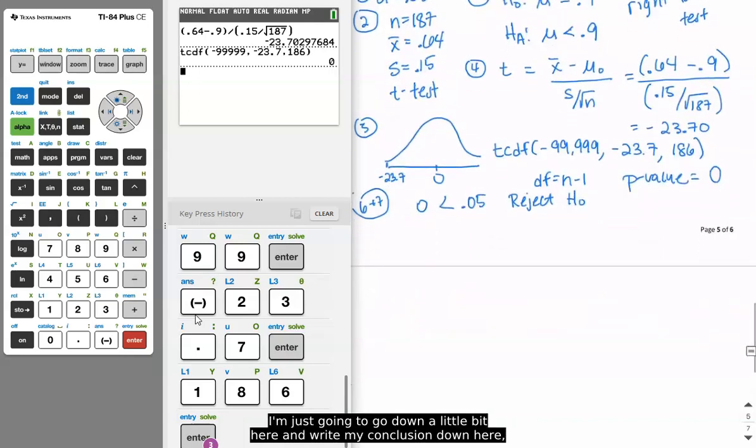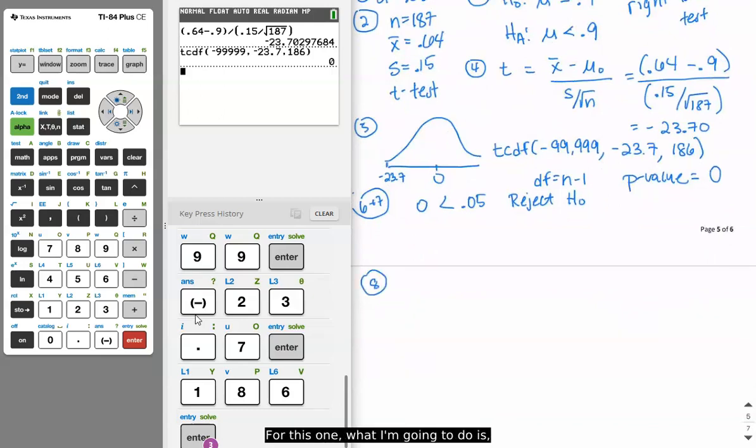I'm just going to go down a little bit here and write my conclusion so I have a little bit more room. For this one, I am going to write the conclusion slightly differently in two different ways. They mean the same thing, but just so you can see how you can write them.